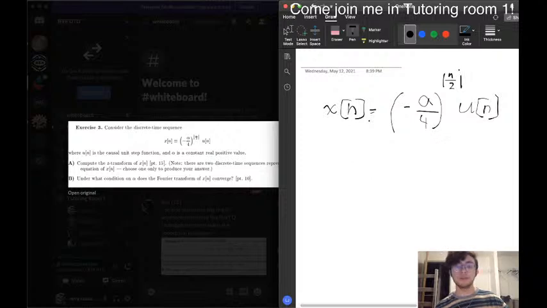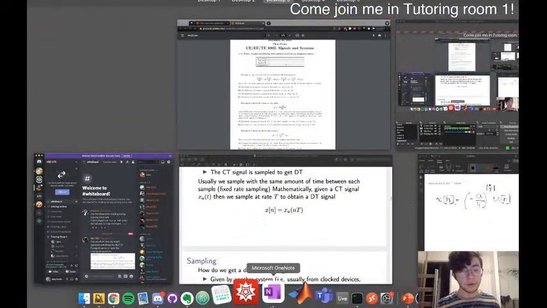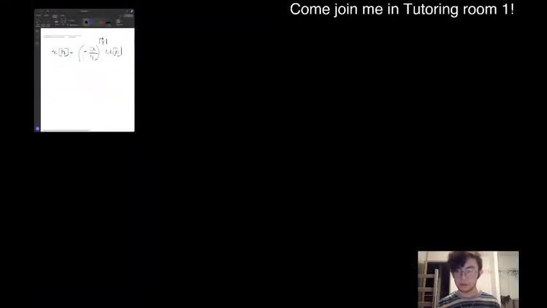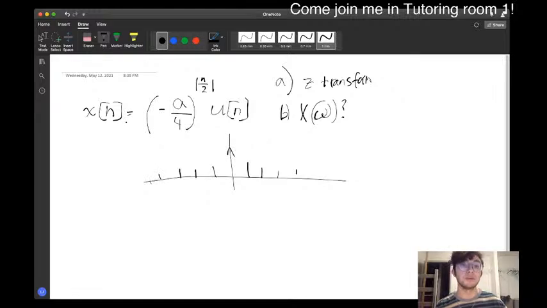Let's see, what kind of signal do we have here? Remember those classifications that we were talking about earlier. Let me just put it back on OneNote. Okay, so what do we have right here? This is a non-causal signal, because if we were to plot out the values of this one, we get something that exists on both sides, because we have this absolute value in our exponent.